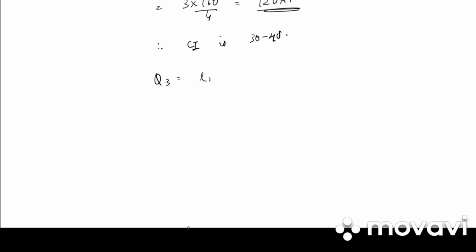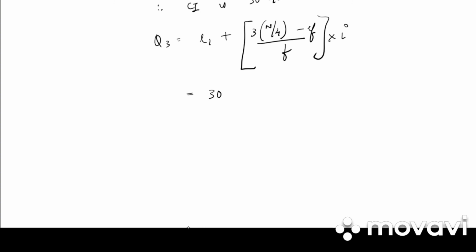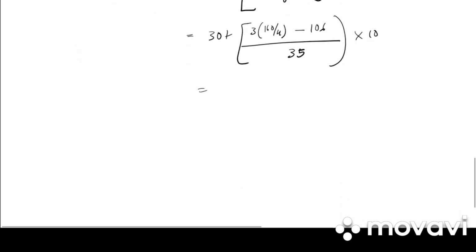So Q3 is equal to, what is the formula? L1 plus 3 into n by 4 minus CF divided by F into I. L1 is 30 plus 3 into 160 divided by 4. Cumulative frequency is how much? 106. Frequency is 35 into 10.